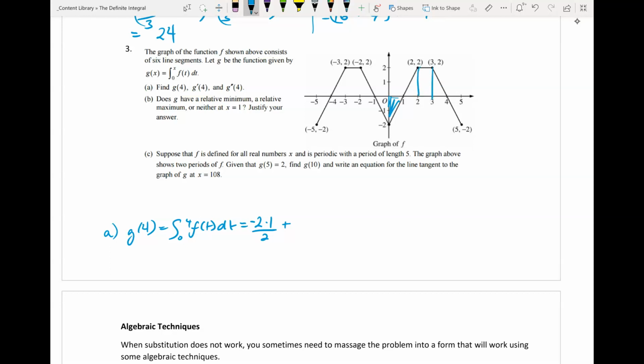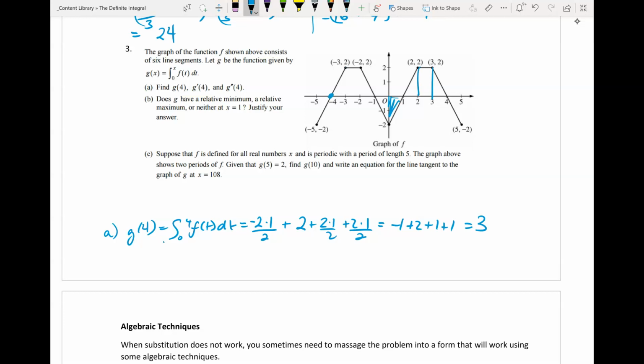We have a rectangle and 2 triangles. So this rectangle is going to be 1 times 2, which is just 2. Then here we have 2 times 1 divided by 2. And we have another one on the other side. Then we want to simplify this. So this is negative 1 plus 2 plus 1 plus 1, which is 3.